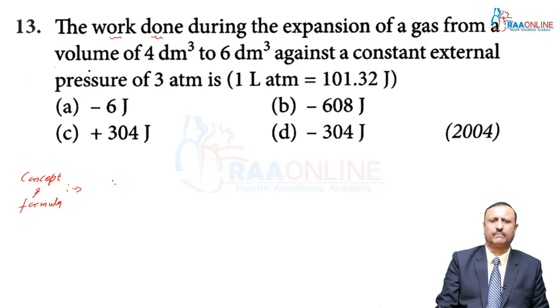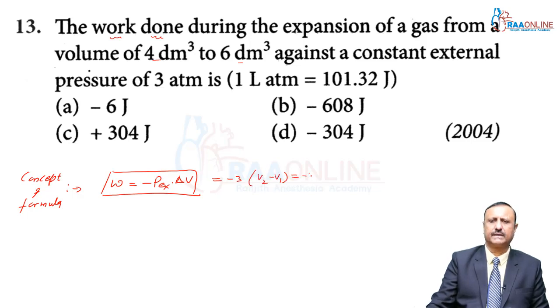You have only one formula, that is W is equal to minus P external into delta V. You always use this formula when the volume is changed and you get the external pressure, that is equal to minus 3 into delta V, where delta V is V2 minus V1.